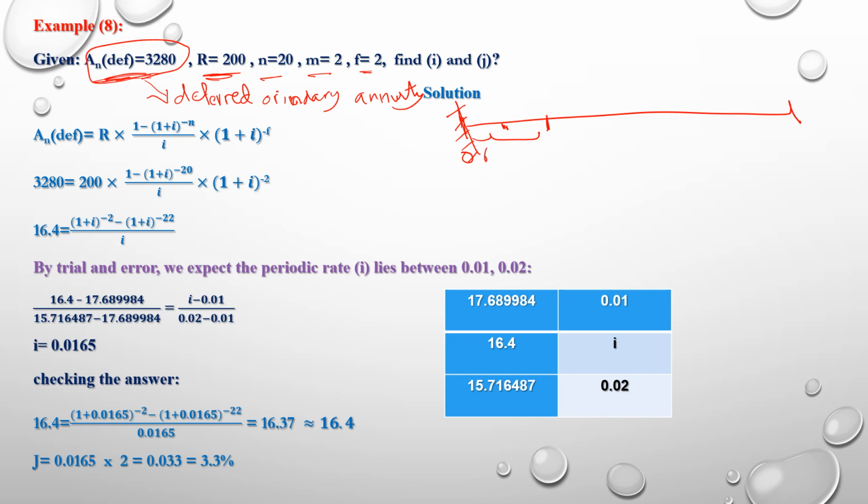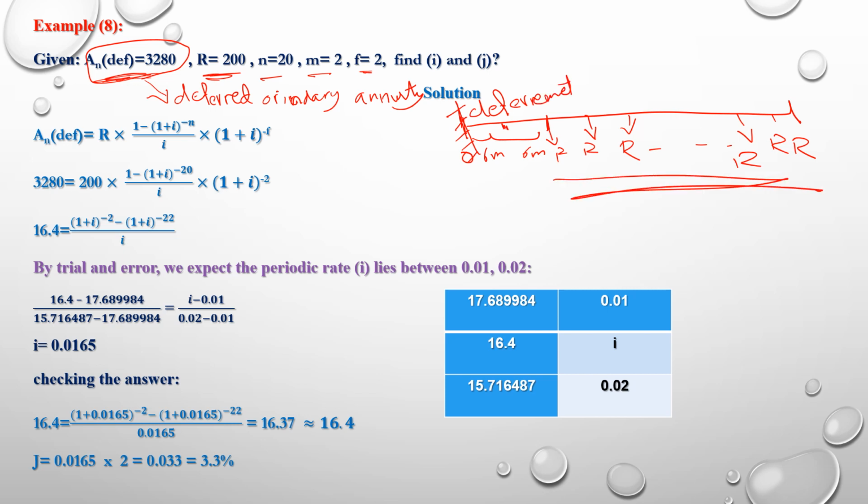Each one is 6 months, so this is 1 year, and the rest of the payments are made after the deferment period. So this is the deferment period, and this is the payment period of the annuities.